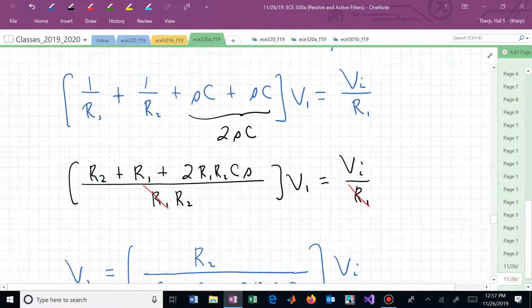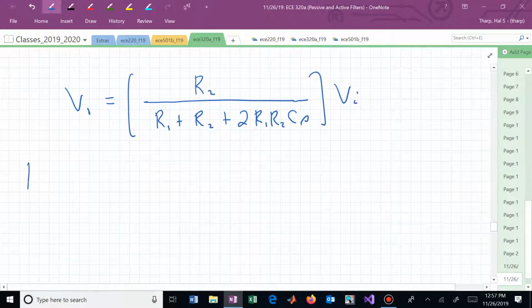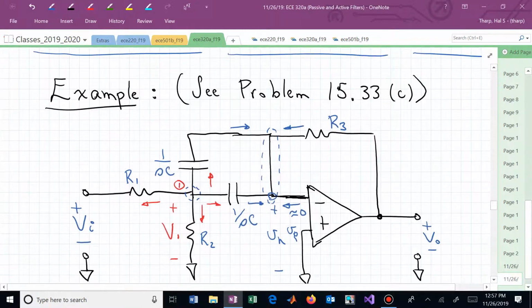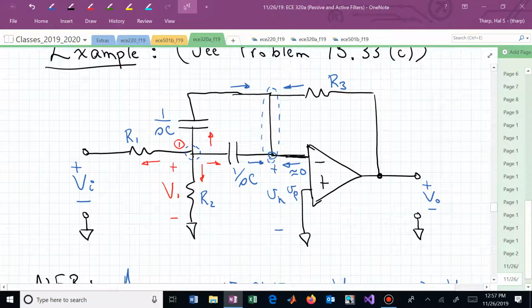Let's now write KCL at N, where N is the inverting pin of the op amp. Now I have 3 horizontal currents. Let's start at the bottom one and then go clockwise this time since we went counterclockwise before.